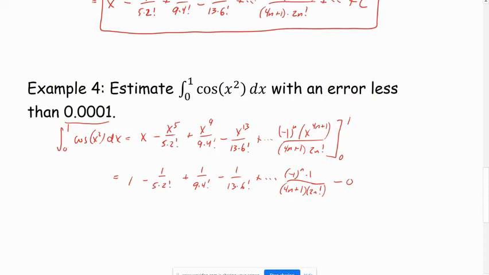So this is an alternating series. And remember back in, I believe it was section 10.6, we learned the alternating series truncation error is no larger than the next term. So we want to just keep going until we have a term that is smaller than 0.0001.